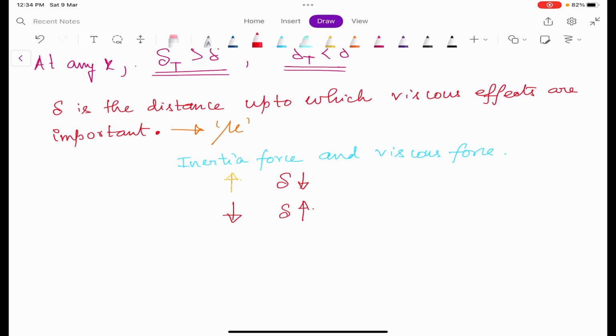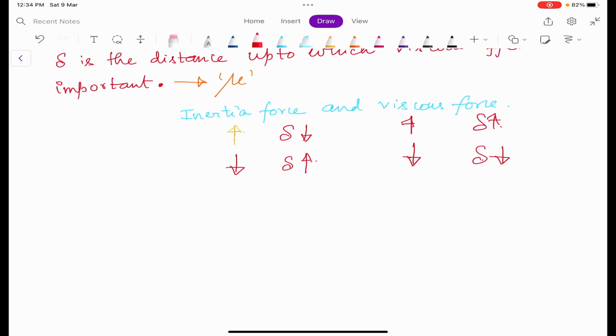That means if the viscous force is greater, then the boundary layer thickness will be greater. If the viscous force is lesser, then the boundary layer thickness is lesser. So boundary layer thickness is proportional to the viscous force, but inversely proportional to the inertia force.